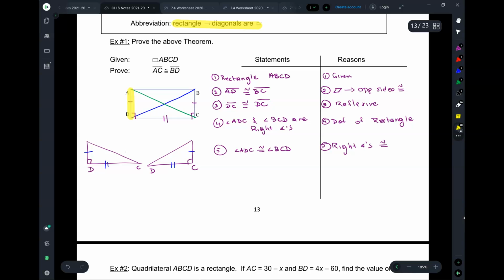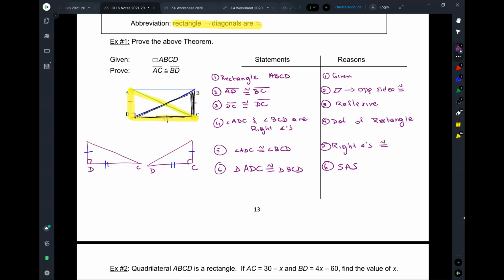This is one triangle, ADC, is congruent to another triangle, BCD. SAS. Right angles are congruent. All right angles are congruent.